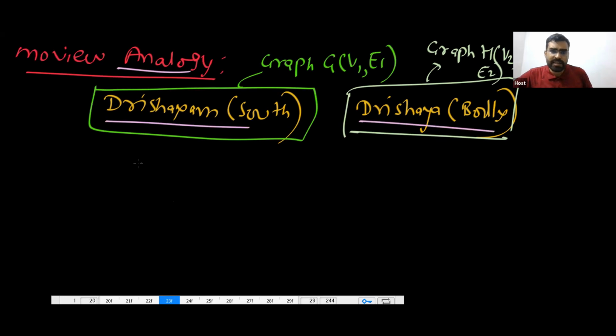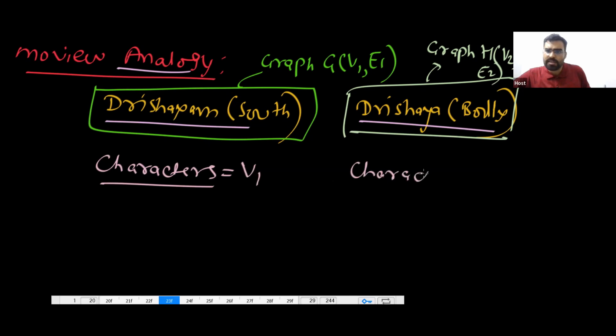And the characters are what? The characters here are V1 and the characters here are V2. The vertices are the characters.